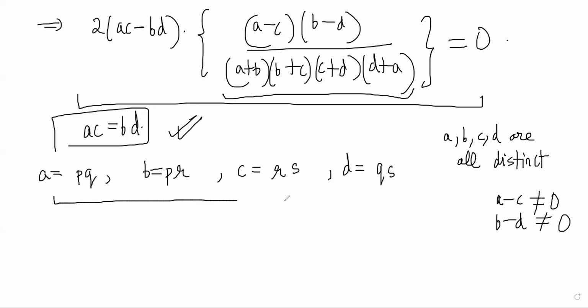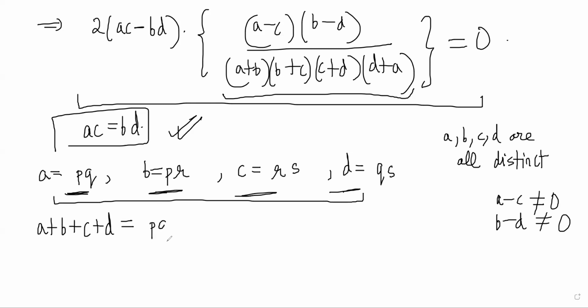The 4-number lemma that we saw previously tells us that A and B and C and D can be written like this. So when you now take A plus B plus C plus D, you will realize it is PQ plus PR plus SR plus QS.